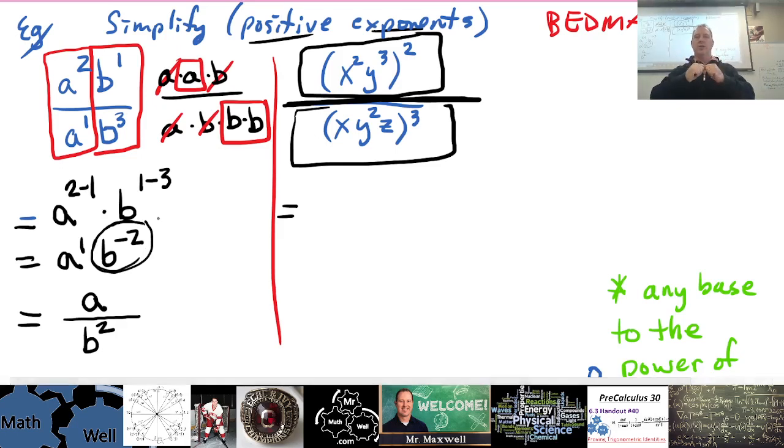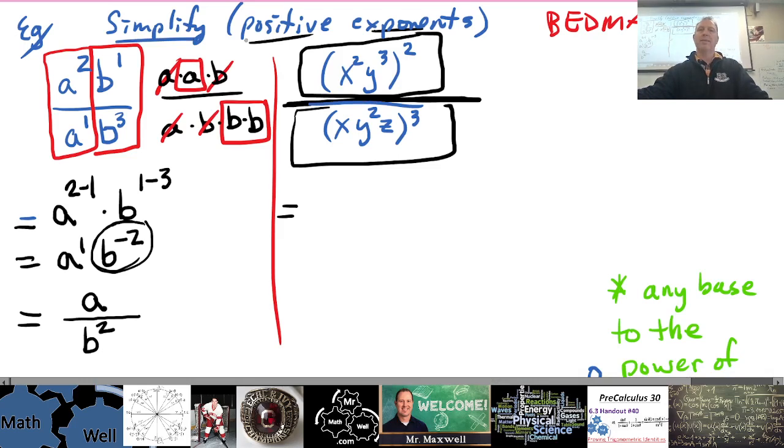Or if it's in the denominator, it goes to the numerator, and the exponent becomes positive. So as I mentioned here, simplifying, I want my final answer to have all positive exponents only. So this is not a final answer. Okay, all right. So how do I fix this negative 2, this negative exponent?